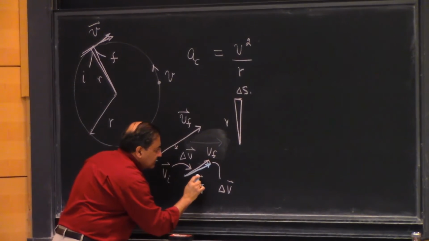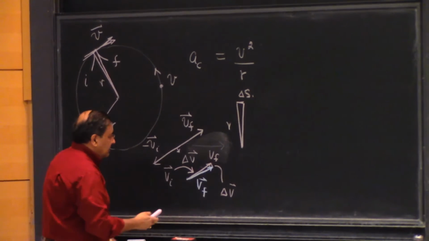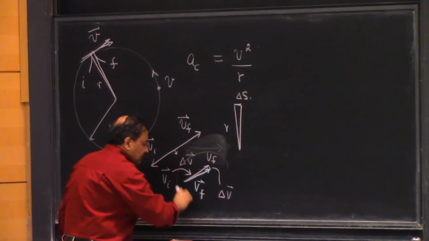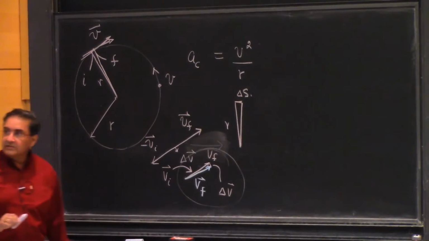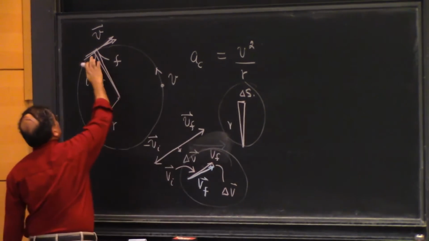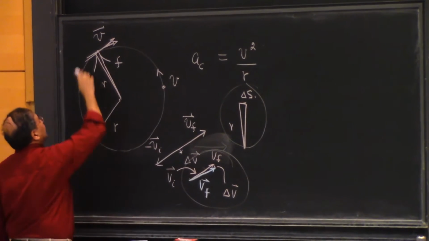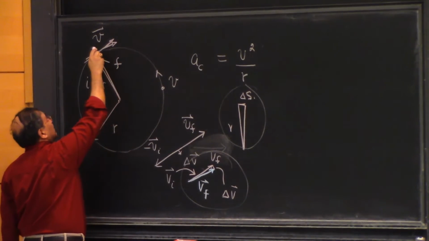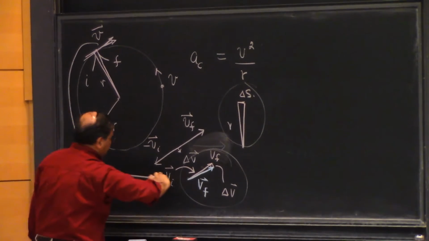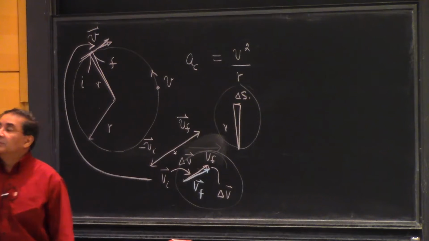Why am I telling you this? I'm telling you this because this triangle comprising the vectors, and this triangle here, pertain to each other. These two triangles are similar triangles.